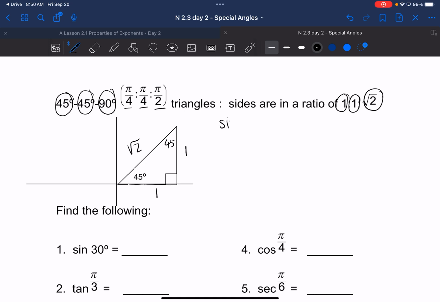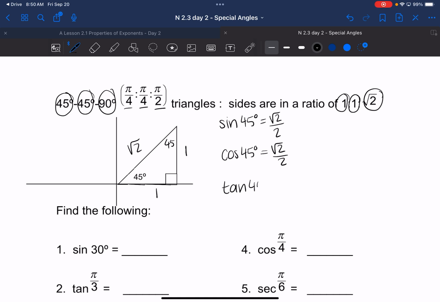So we're going to start with sine of 45 degrees. Sine is y over r, right? So what's y over r for us? 1 over root 2, and then we have to simplify. Okay? So cosine of 45 degrees. X over r should be the same as y over r, since x and y are the same. So this is also root 2 over 2.